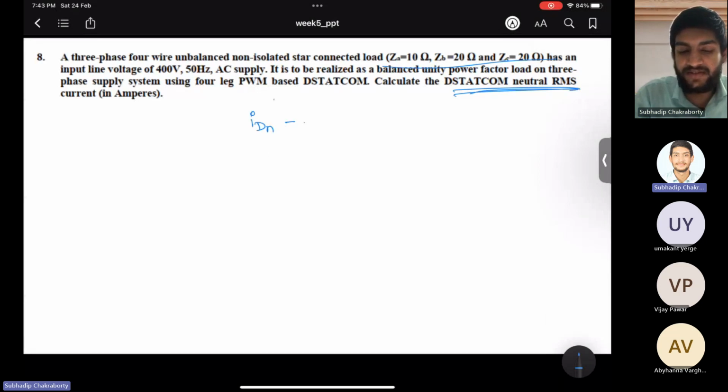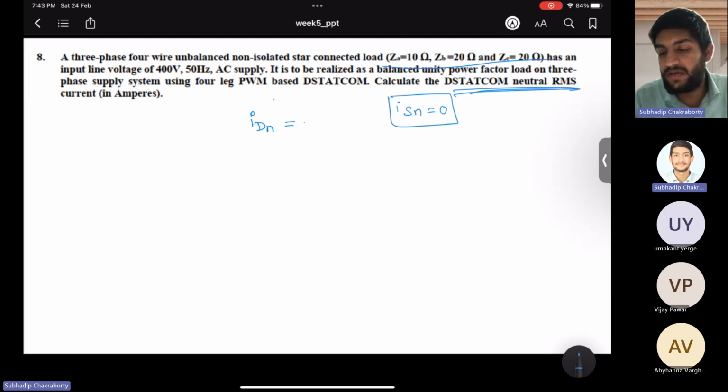Anyone? For a 3-phase 4-wire unbalanced system, the DSTATCOM neutral current should be such that the supply neutral current is 0. This is called neutral current compensation. So this is our aim.